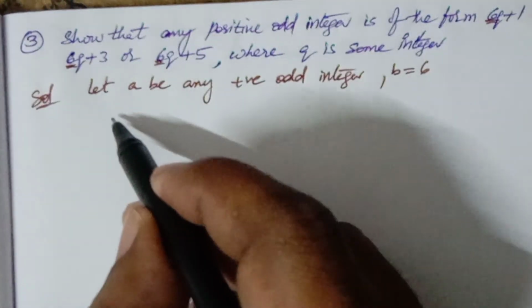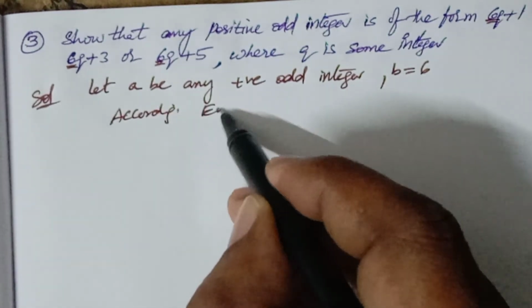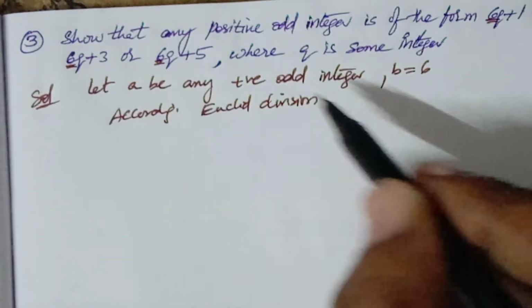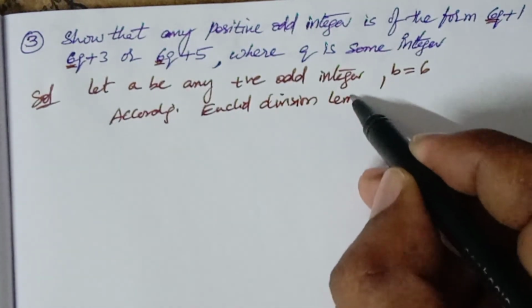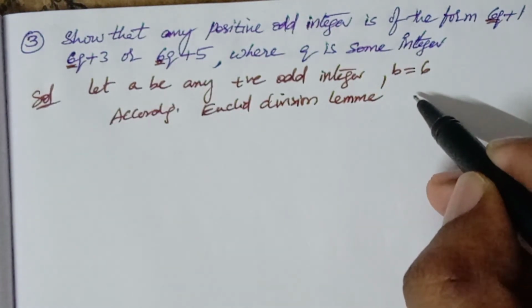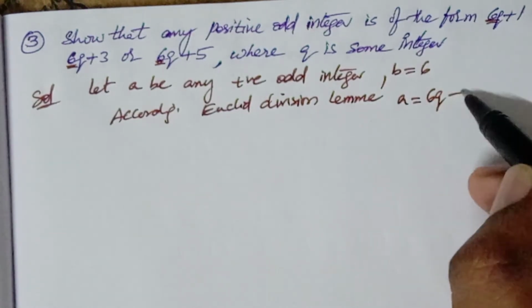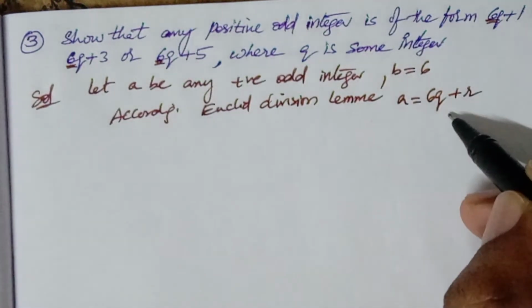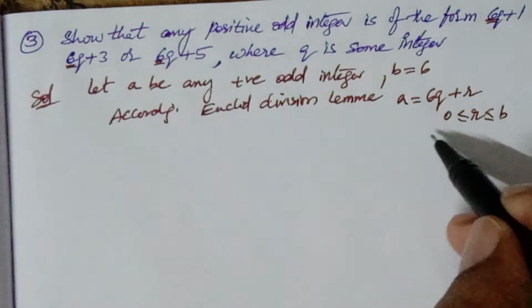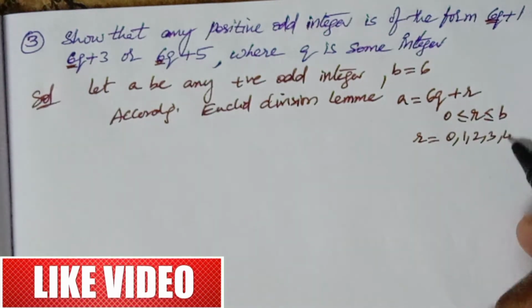So according to Euclid division lemma, a value is 6q plus r. This r will be between 0 and b, r value 0, 1, 2, 3, 4, 5.